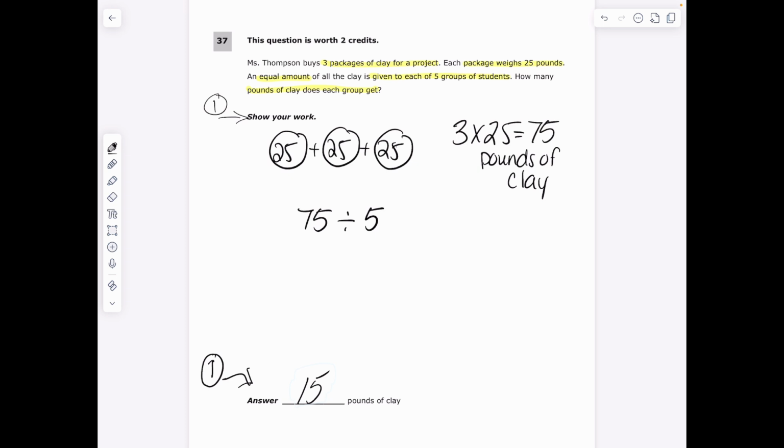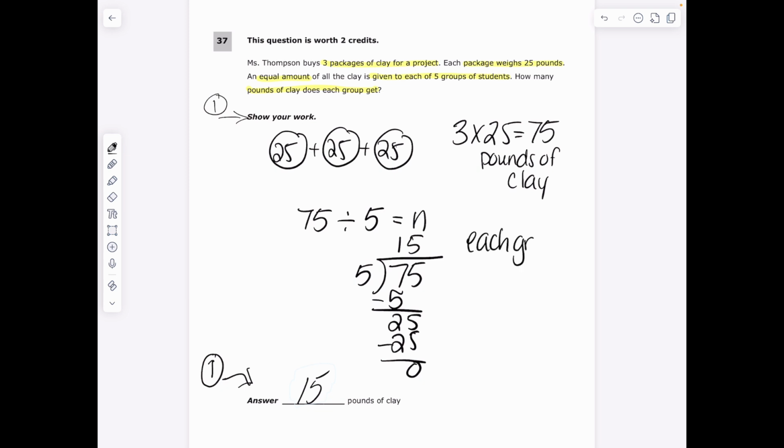So I'm sharing by 5. So how am I going to get this part? I'm going to do actually long division here. And 5 goes into 7 one time. 25. 5 goes into 25 5 times. 25, and I get 0. So each group gets 15 pounds. Okay, and that's my final answer.